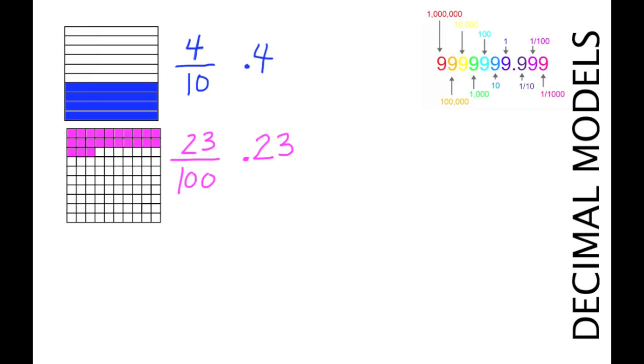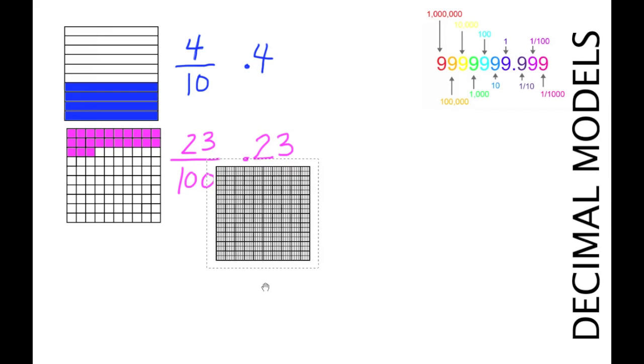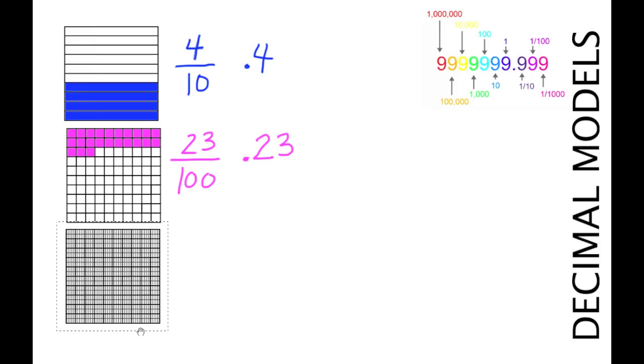The last one I want to do is thousandths. Thousandths looks like this, and believe it or not, that is a square divided into 1,000 parts. I don't even know if this will work. Oh yeah, there we go. Sorta.